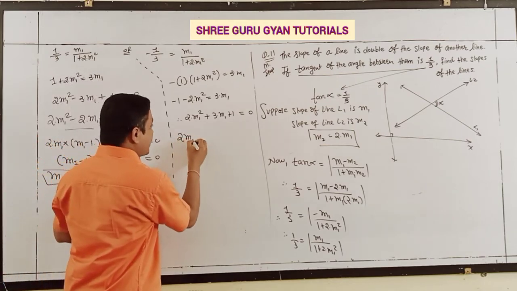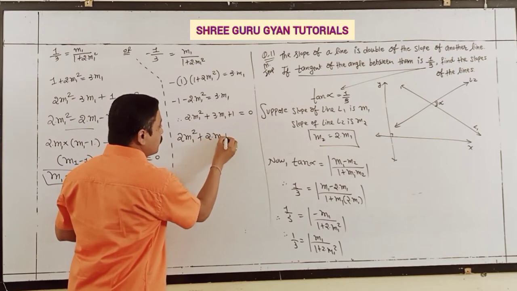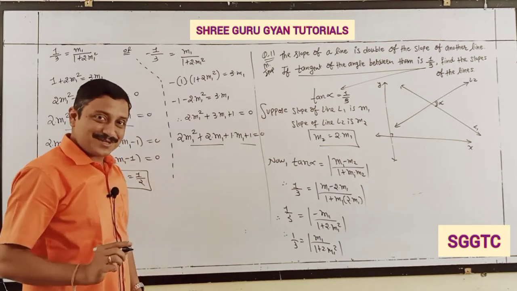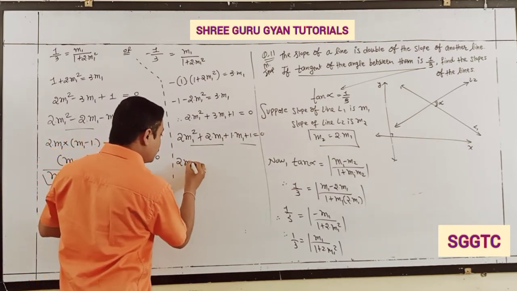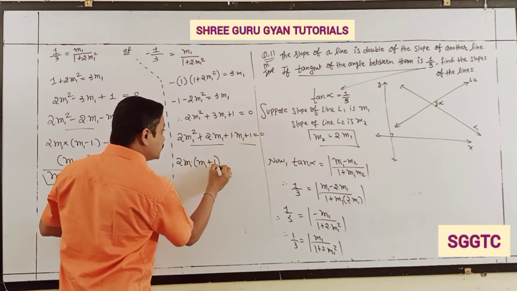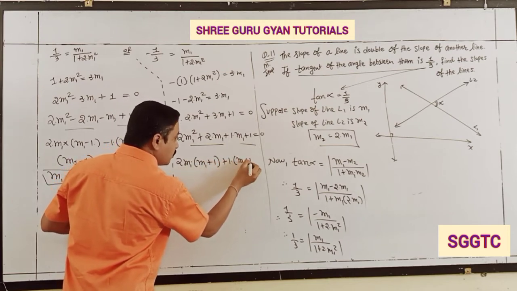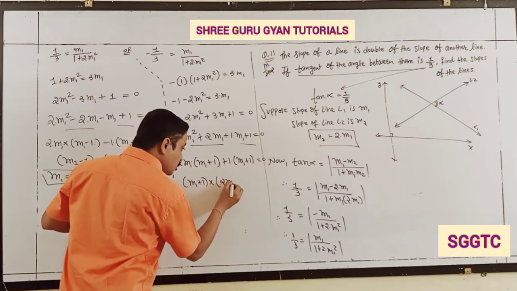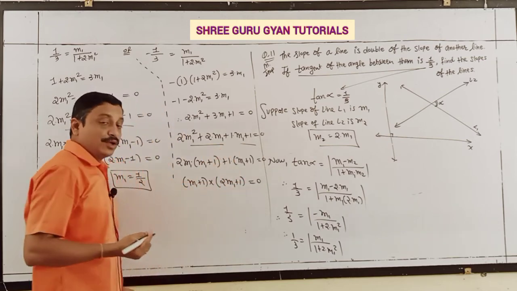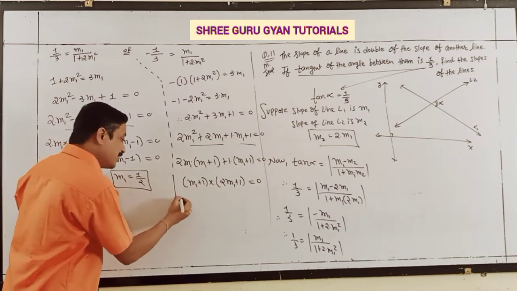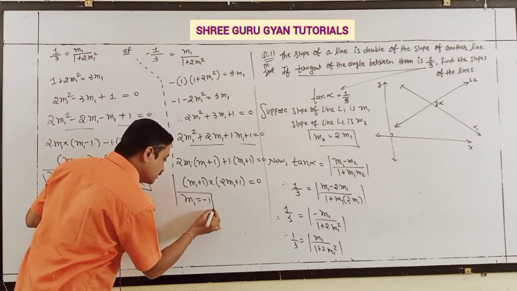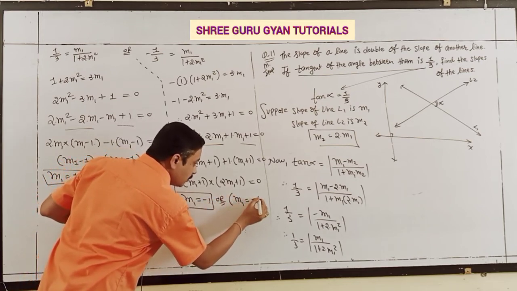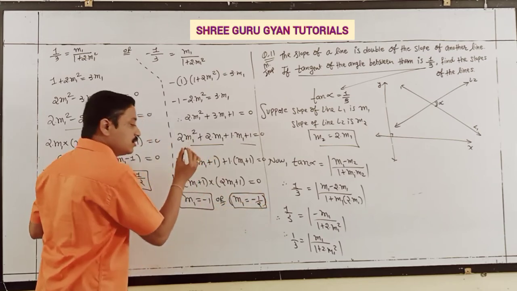So 2m1 square plus 2m1 plus m1 plus 1, and 2m1 is common, remaining are m1 plus 1. So we get (m1 plus 1) into (2m1 plus 1). Here also two different answers are coming. So m1 is equal to minus 1, or secondly m1 is equal to minus half. Students, these are your next two answers.